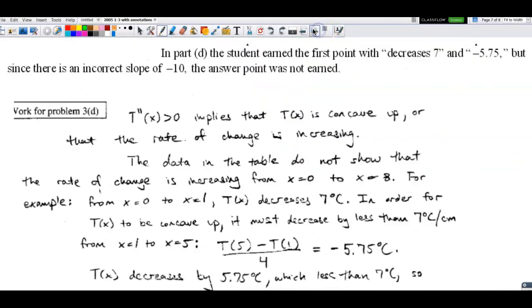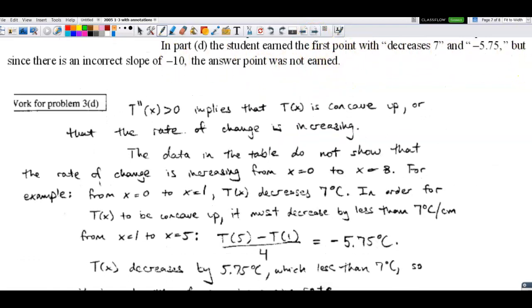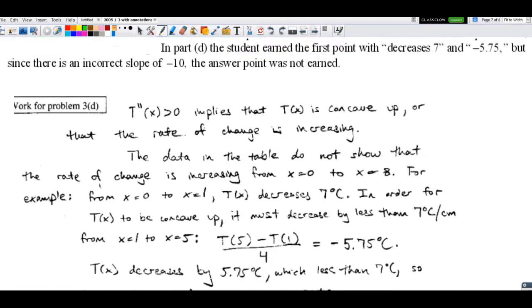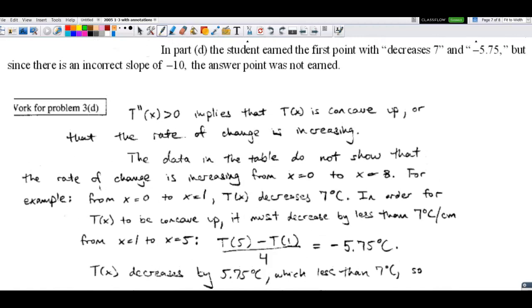I don't know if I have another student work. Oh, here's another student work. So this student was on the right path. They're calculating average rates. So from 0 to 1 is a decrease of 7 degrees Celsius, fine. From 1 to 5, negative 5.75, fine, great.